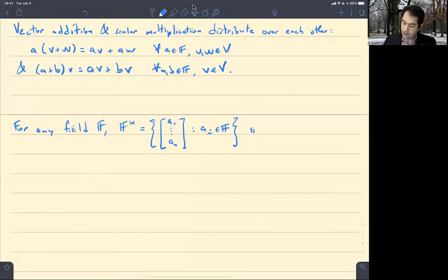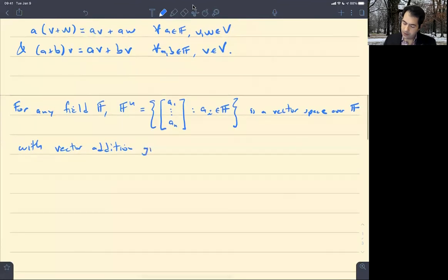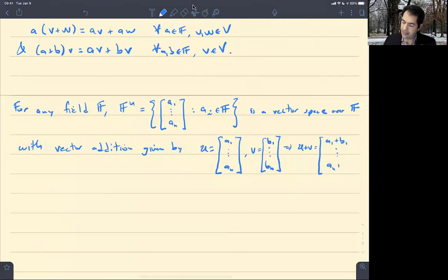This is a vector space over the field F with vector addition given by, let's say the vector U has entries A1 through An, and the vector V has entries B1 through Bn. Then the vector U plus V is the vector whose entries are A1 plus B1, dot dot dot, An plus Bn.